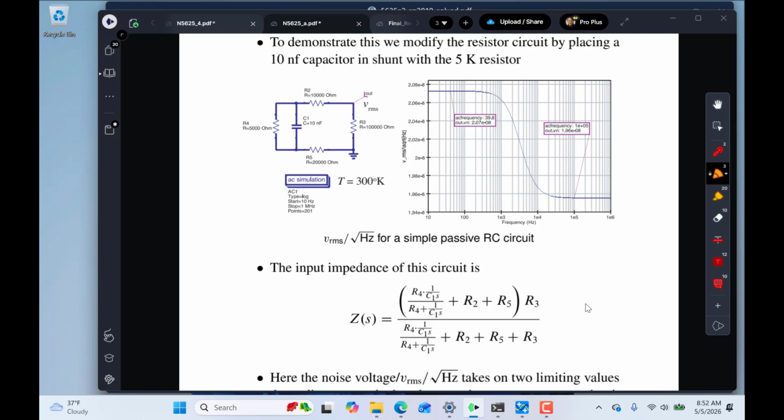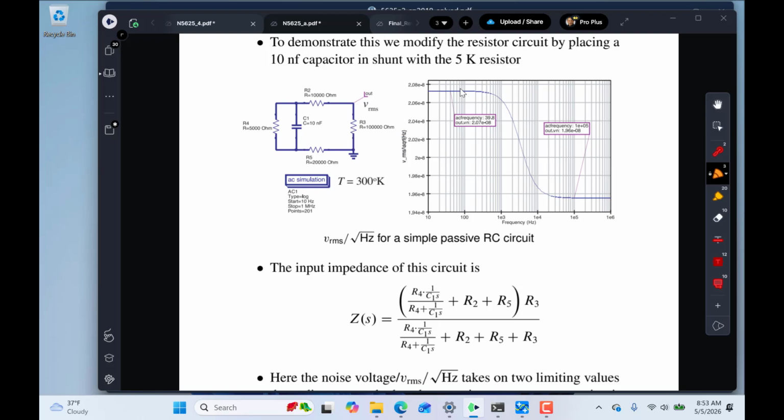But just to prove that the theory makes sense, if you take this circuit right here, at really low frequencies, the capacitor is going to look like what? An open circuit, right? There's no capacitive reactance. It's very tiny. So it just looks like 3 resistors. And at very high frequencies, this looks like a short circuit because the reactance becomes really small.